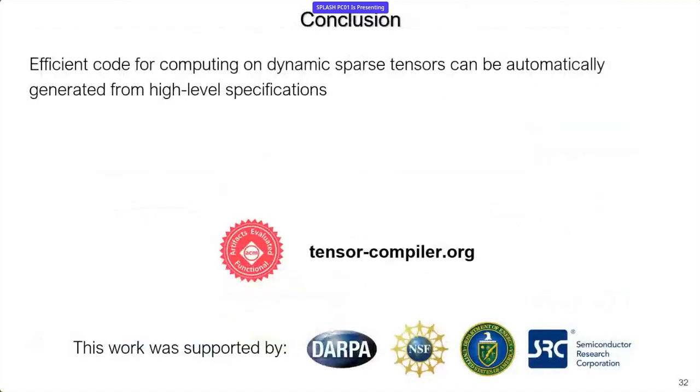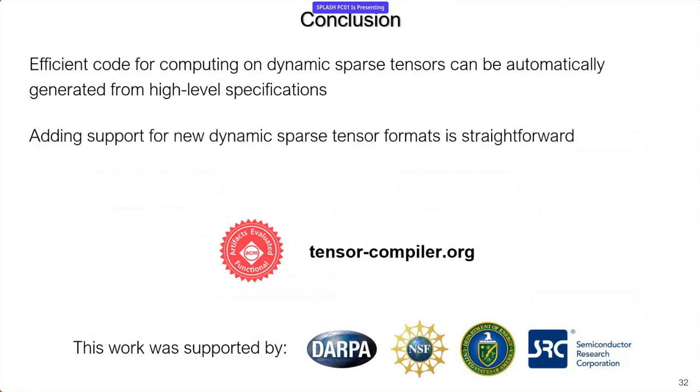So in conclusion, efficient code for computing on dynamic sparse tensors can be automatically generated from a high-level specification. We can generate many different, very interesting data structures automatically. Adding support for a new structure is not that difficult. We have a language you can use to do that.